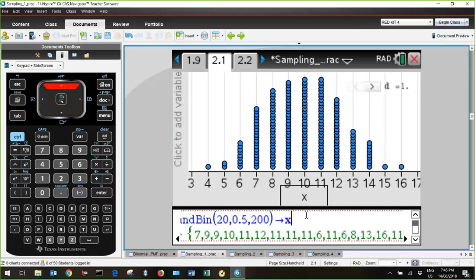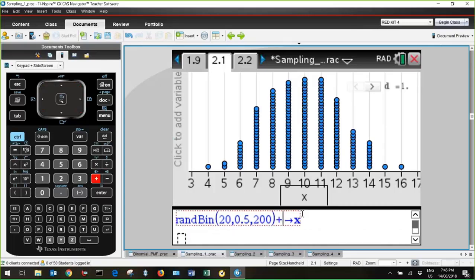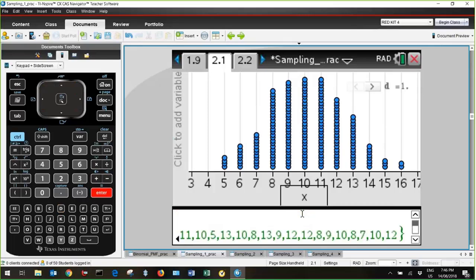Now, something else you can do here, by the way, is if you have plus D, where D is controlled by a slider, minus D, then every time you change the value on the slider, it will re-evaluate. So that's just a neat trick.